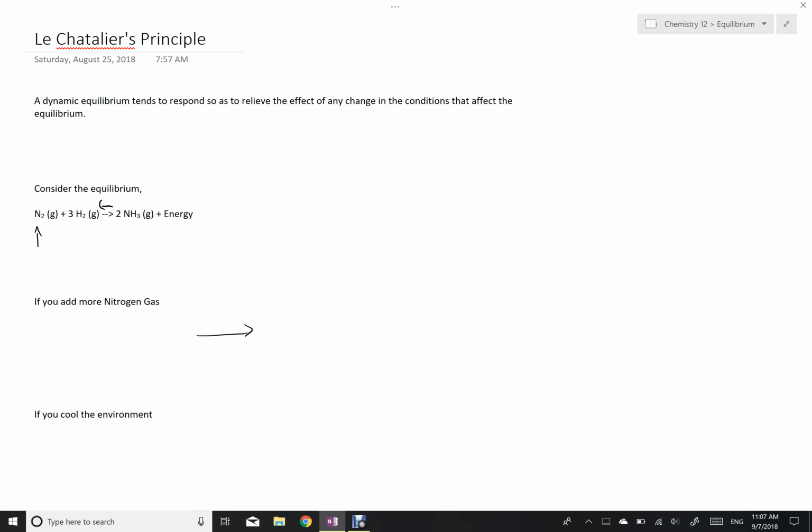So again, if you add nitrogen gas, the equilibrium will respond in a way that tries to eliminate the change you made. So it's going to try and remove some of the added nitrogen gas. We're not explaining why. We'll do another video on that, but here we're just talking about what the principle predicts.